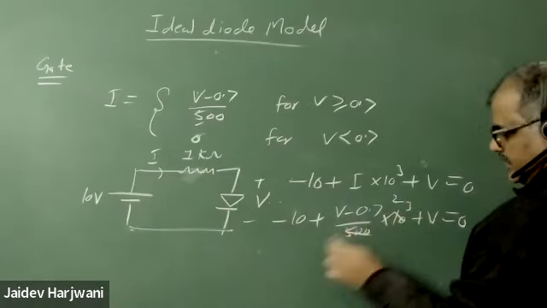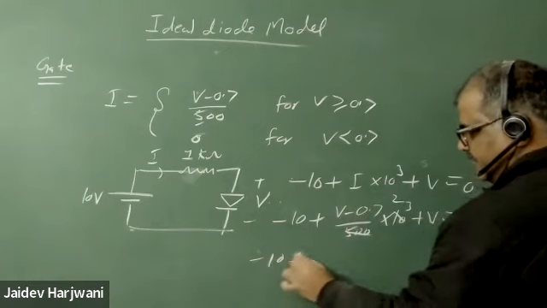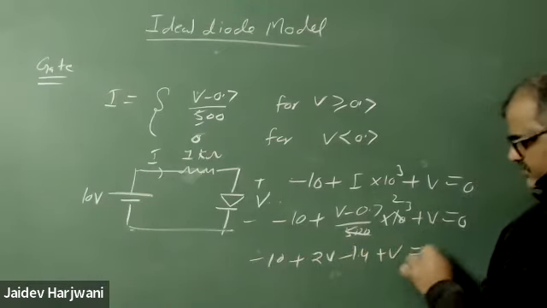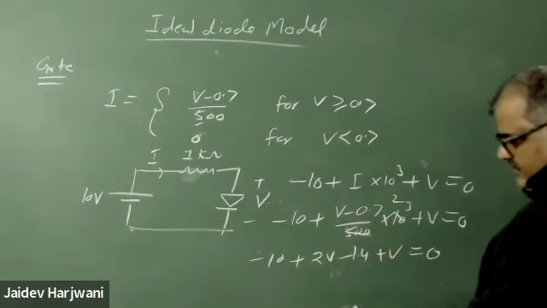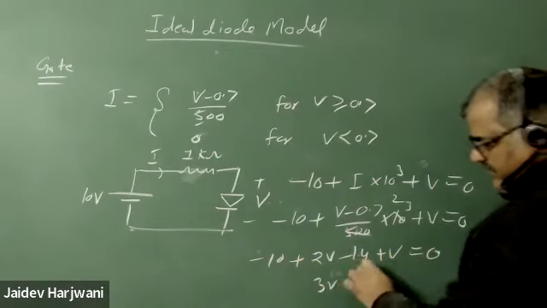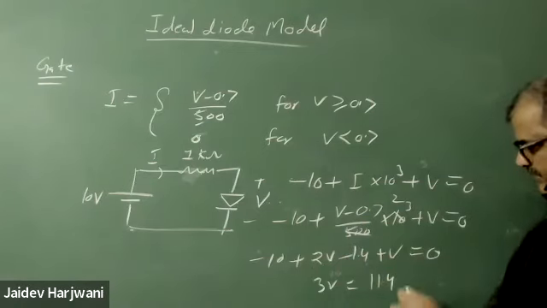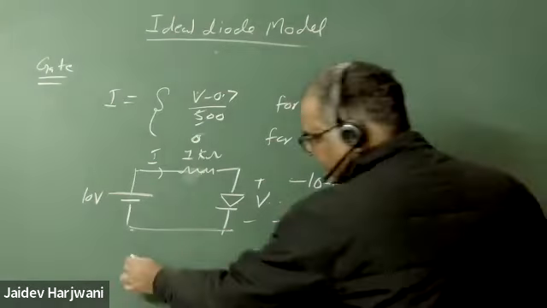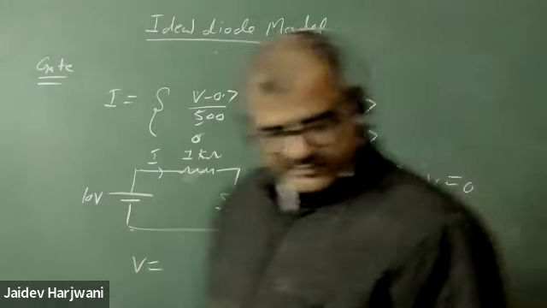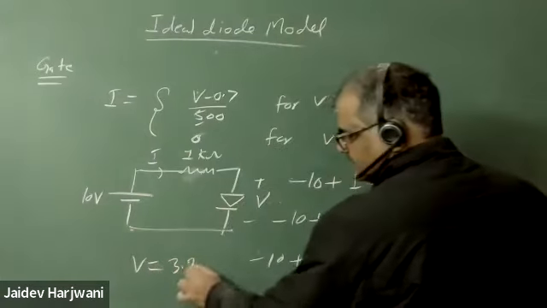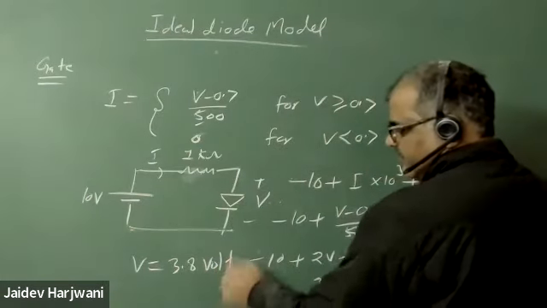This becomes minus 10 plus 2V minus 1.4 plus V equals 0, so 3V equals 11.4 volts. So how much will V come? It should come almost 3.8 volt. So the value of V is 3.8 volt.